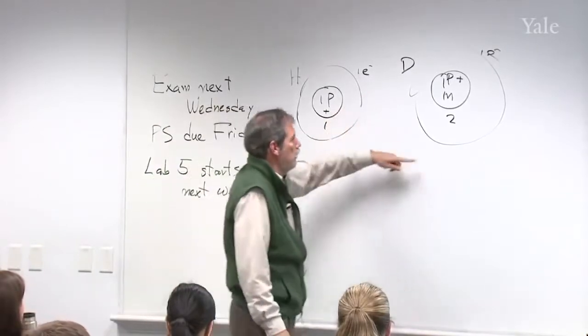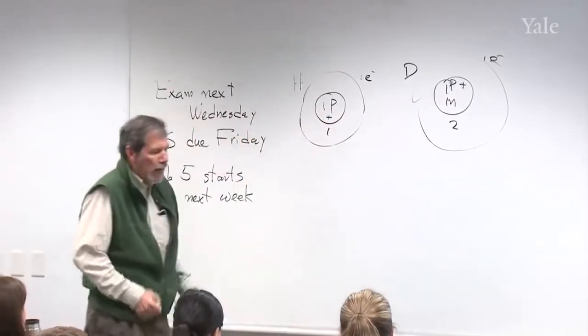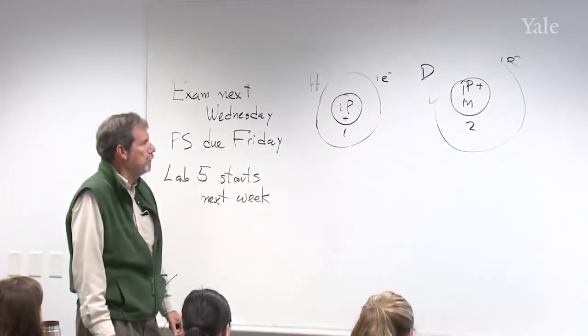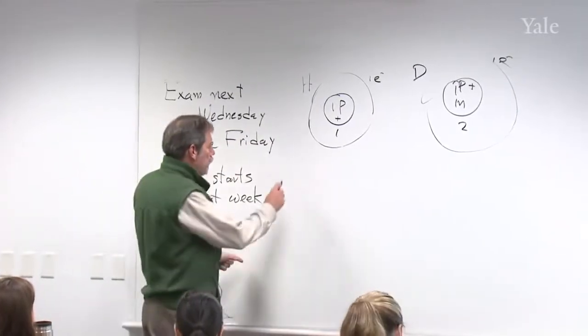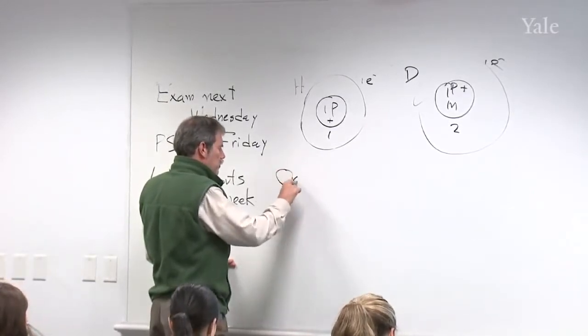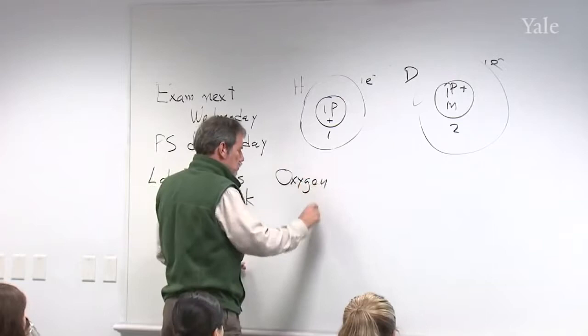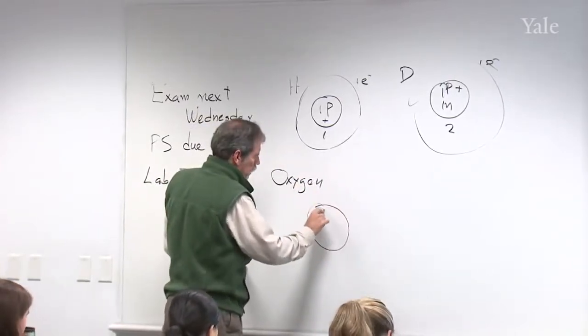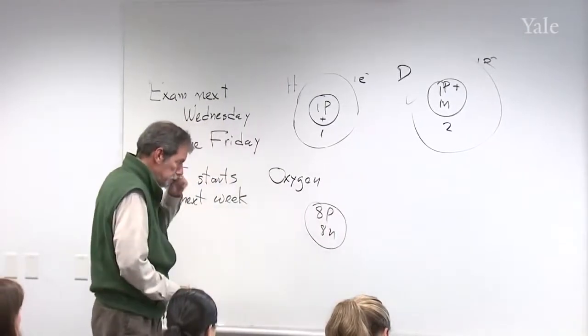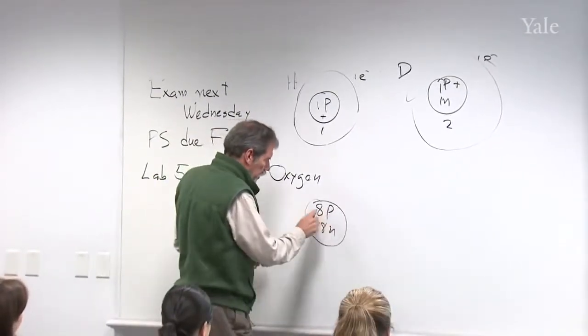They have the same electronic orbitals, and they'll bond and so on in the same way that the other one does. The other one I want to think about is oxygen. Oxygen typically has 8 protons and 8 neutrons. Because of 8 protons, it has 8 positive charges.